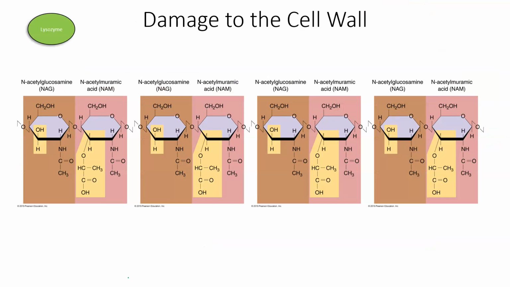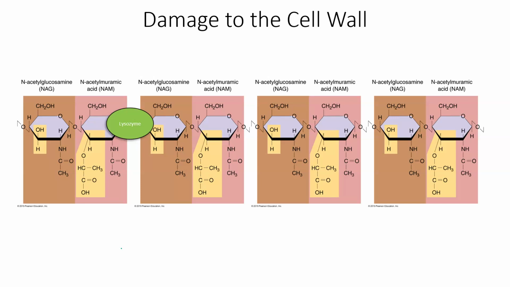Now, how does lysozyme specifically damage the cell wall, and what is lysozyme? Lysozyme is an enzyme, and it is designed to break apart the alternating bands of NAG and NAM.